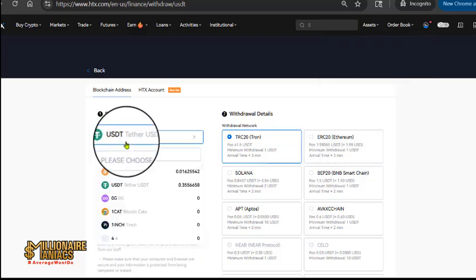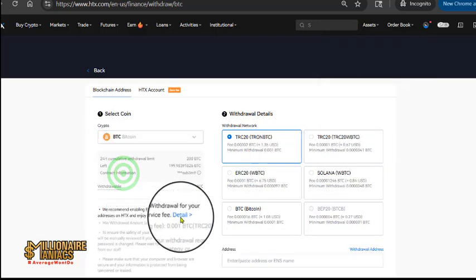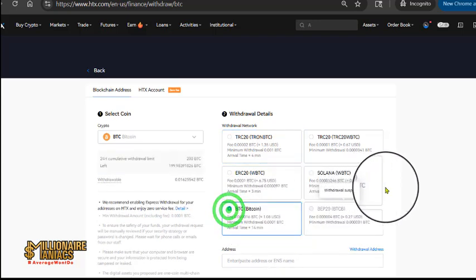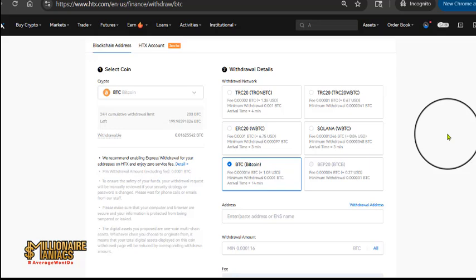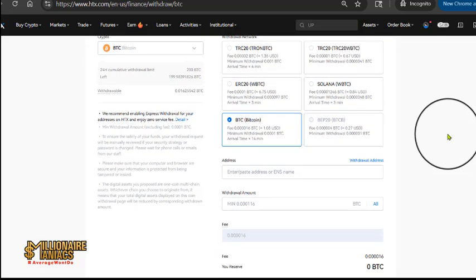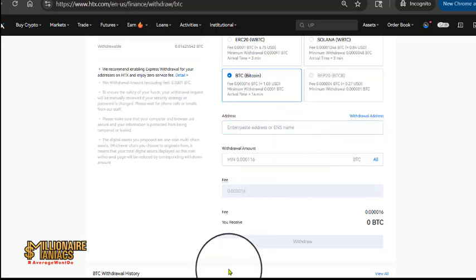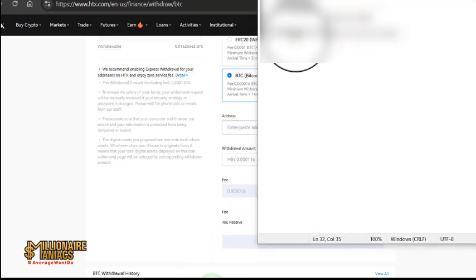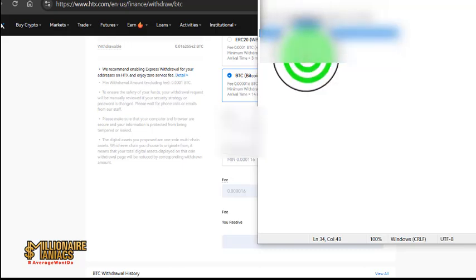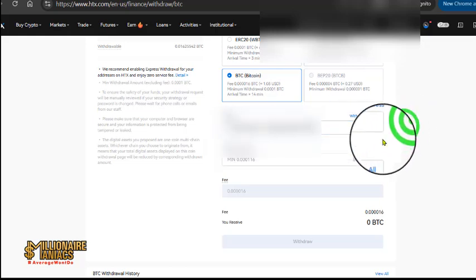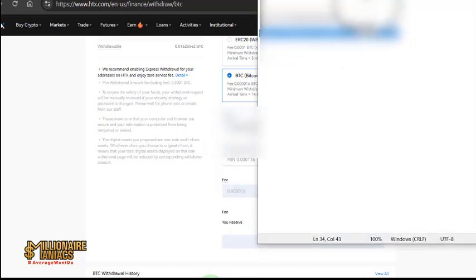So here you would need to select Bitcoin, and you would need to select the chain, which would obviously be the Bitcoin chain. And then here, as we scroll down, this is where I'm going to add in my address. So copy that. And I'm going to place it here. And I'm just going to double check the address.